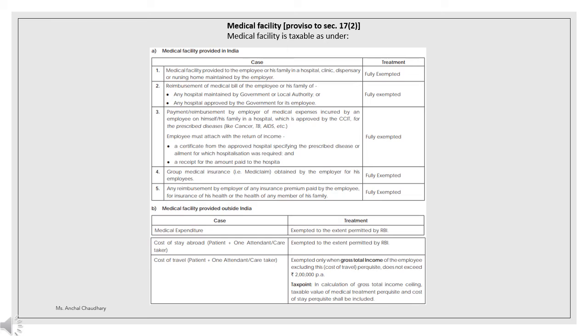The case should be that the facility is provided to the employee or his family in a hospital which is owned by the employer, either the employer's own hospital, or it is owned by the government or local authority, or in case of payment or reimbursement by the employer of medical expenses incurred by the employee on himself or his family. In that case it will be fully exempted, no tax will be charged.